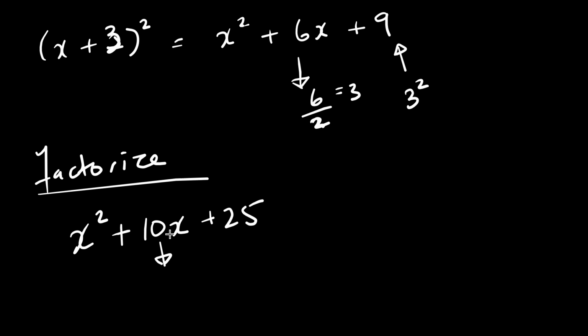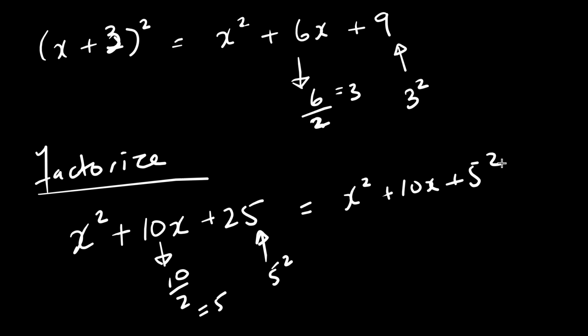Well, half of 10 is going to give me 5. And oh, if I square 5, I get my last term. So this is effectively x squared plus 10x plus 5 squared. It's a perfect square, which means that it factors to x plus 5 all squared. That's all that process is. It's the idea that you can recognize what a perfect square is.